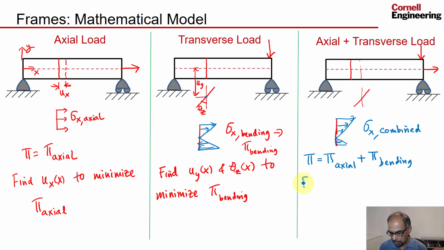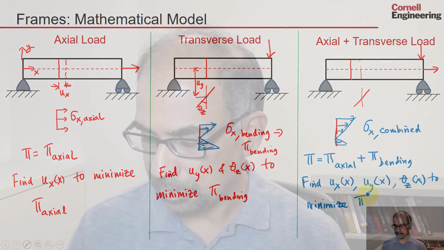And then you find how much the cross section moves in x, in y, i.e. in the transverse direction, and how much it rotates such that pi is minimized. My tablet is not having a good day. Okay, so that should give you a sense of how you combine the truss mathematical model and the beam mathematical model to get the frame mathematical model.